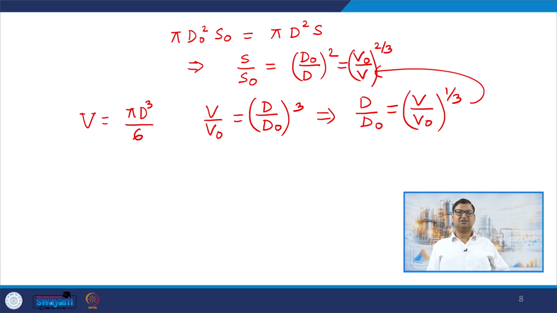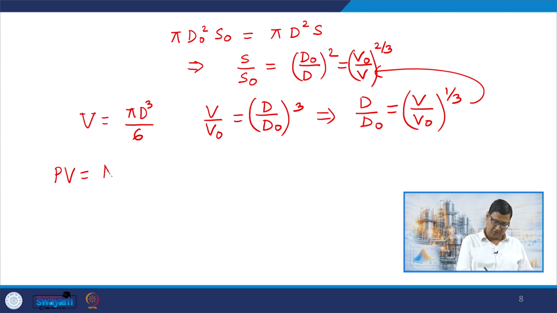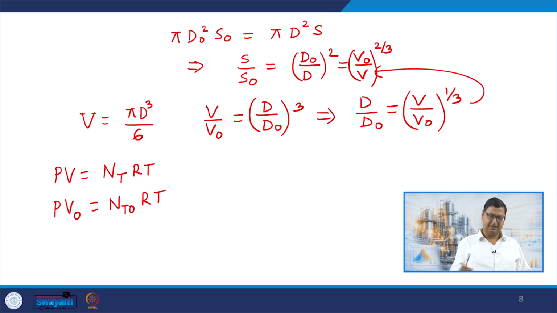Now the question is, what is my v by v naught we get from the chemical reaction, right? So we will assume that the gas inside the balloon is an ideal gas. In that case, we have PV equal to total number of moles N times RT at time t, and in the beginning again pressure into volume at time t0 is equal to N t0 RT. The temperature and the pressure are not changing.